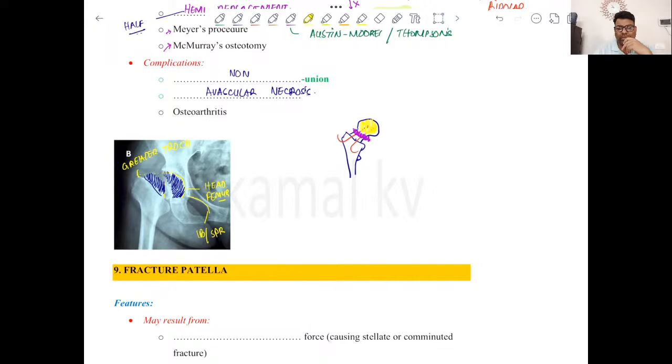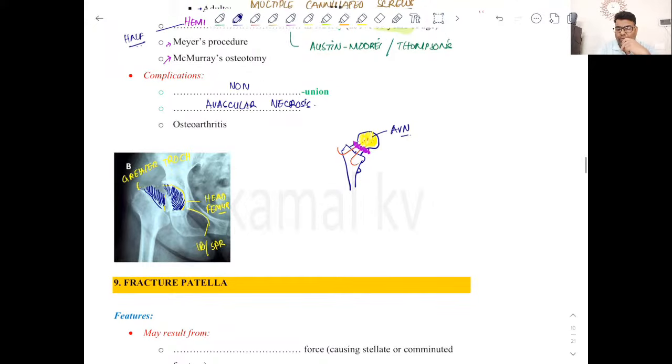So this is the reason for AVN, because of this peculiar arrangement of blood supply to the head of femur. So in cases of fracture neck of femur, especially the intracapsular variety, if there is AVN, that will involve the head of femur.